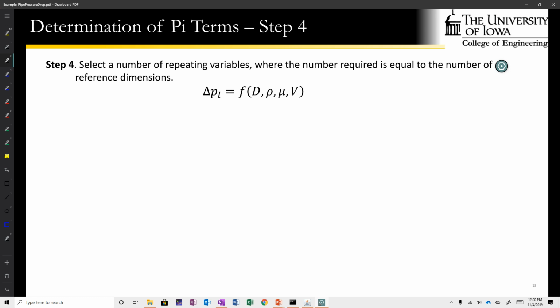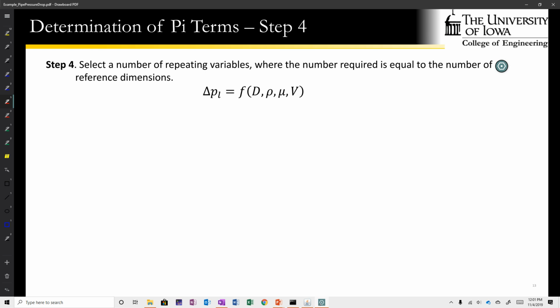There are a couple of rules to go by here, right? Your set of variables have to themselves contain all R of your reference dimensions. So whatever 3 variables we pick have to contain mass, length, and time. And they have to do so in a way that those sets of dimensions are independent. And we'll see what that means in a second.